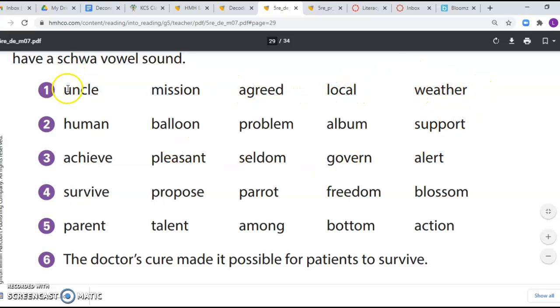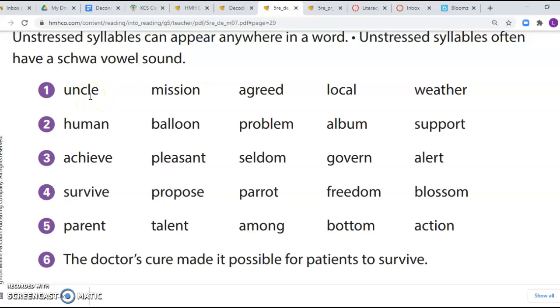Let's take the very first word, uncle. When I hear the word uncle, I'm listening for that unstressed syllable. Uncle, "uh," "uh." I hear that. So uncle would have the second syllable be the unstressed syllable.